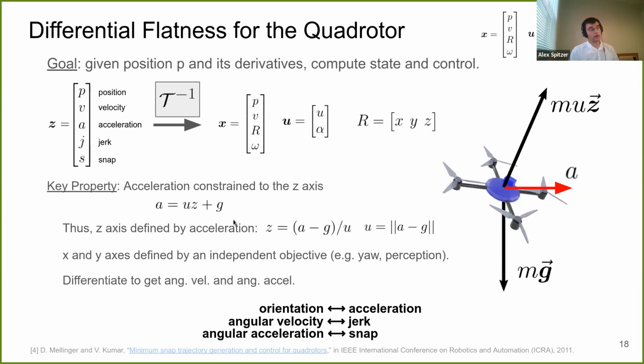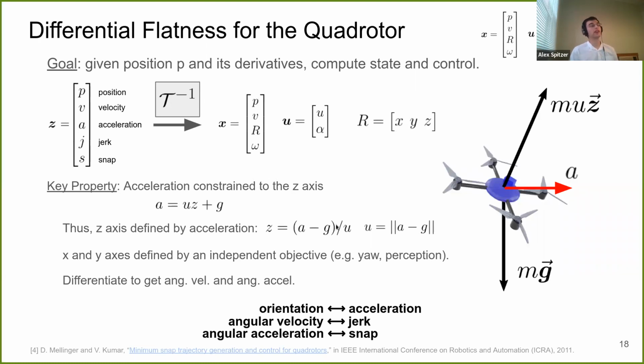How we're going to do this is we're going to use the property that acceleration is constrained to the z-axis. So if you want to accelerate in a certain direction, you just say, well, that's what my orientation needs to be. That's what my z-axis needs to be. And that's really it. Then to get the remaining control inputs, to get angular velocity, you would just differentiate this, because the angular velocity is the derivative of the z-axis.